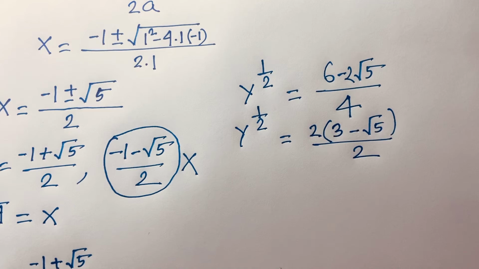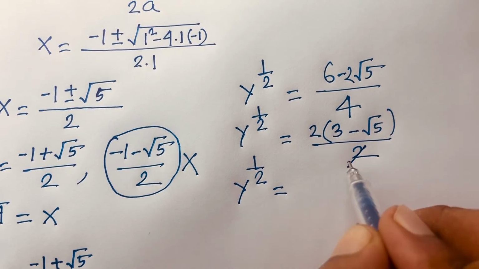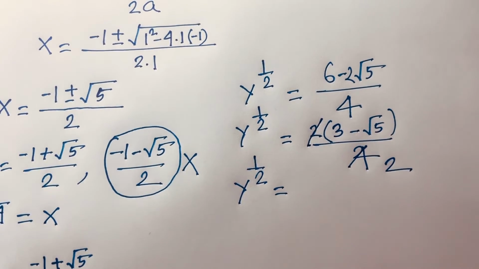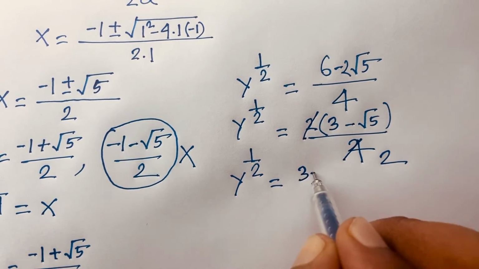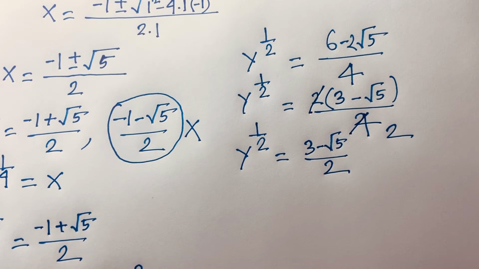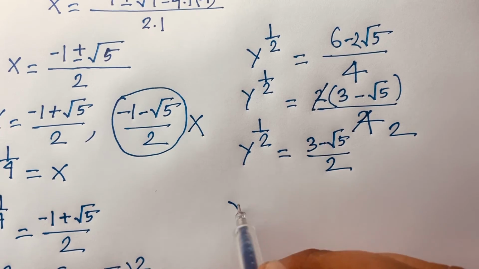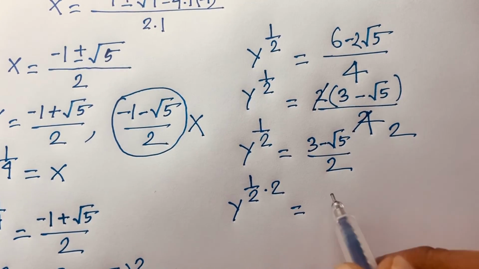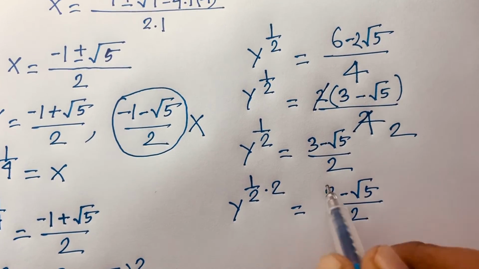Then y to the power half is equal to, 4 divided by 2 is 2, so 3 minus square root 5 over 2. Then again I square both sides, so y to the power 1/2 times 2 is equal to 3 minus square root 5 over 2, whole squared.